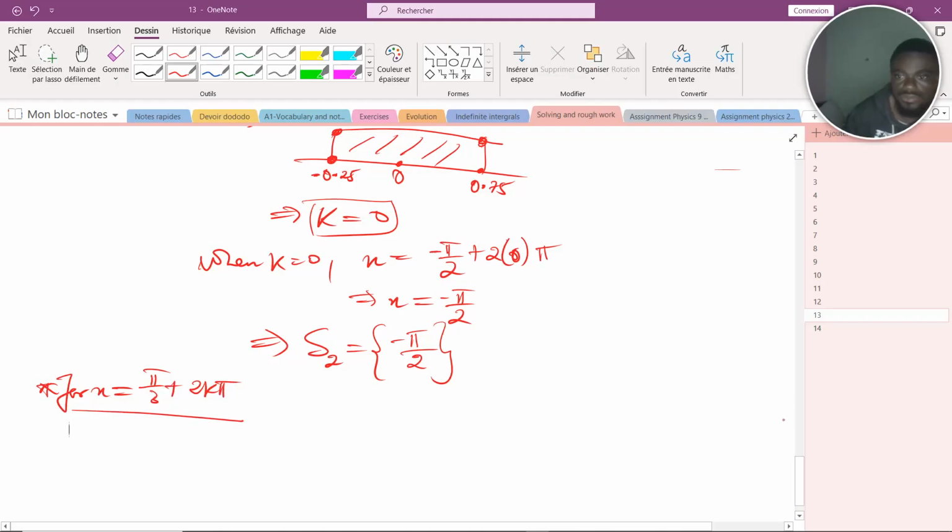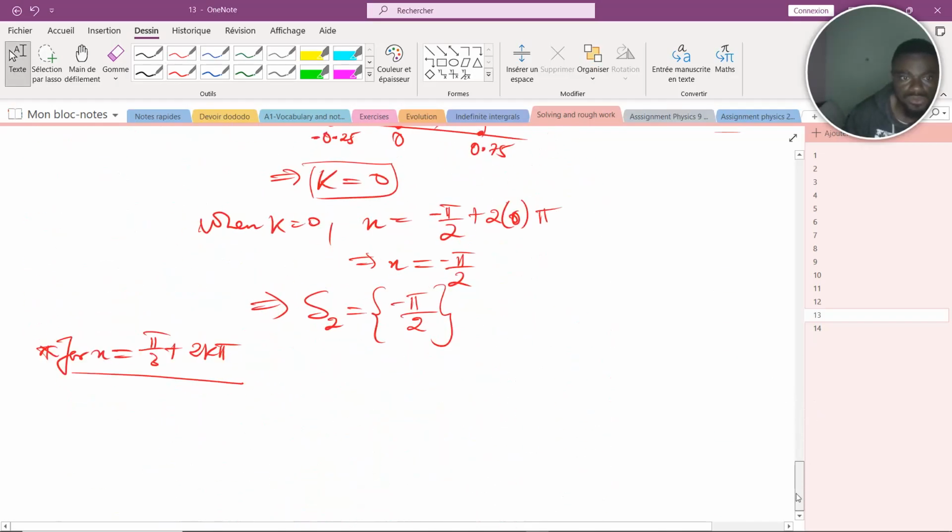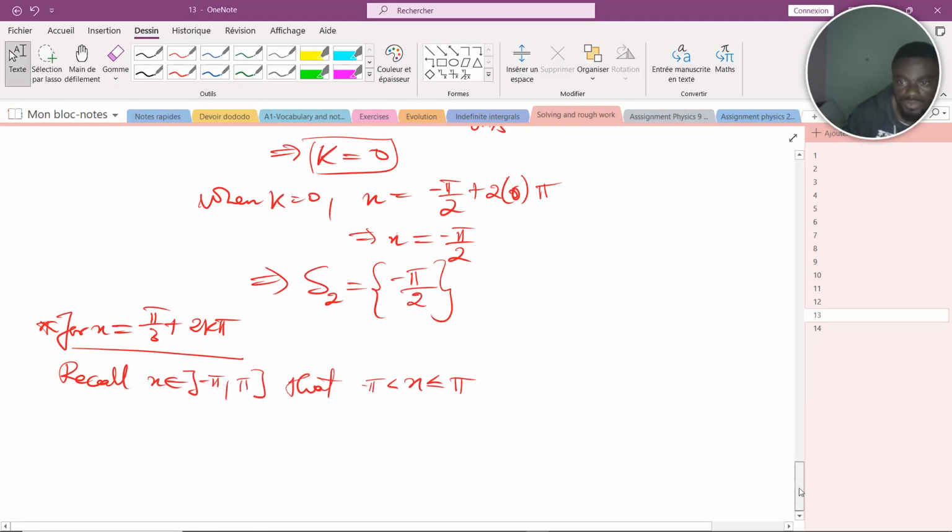For now, recall that x belongs to minus pi, pi. That is, x is strictly greater than minus pi but less than or equal to pi. We take this and substitute it here. So it implies we're going to have pi on 3 plus 2k pi strictly greater than minus pi but less than or equal to pi.